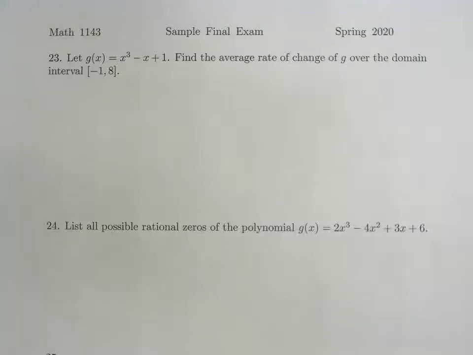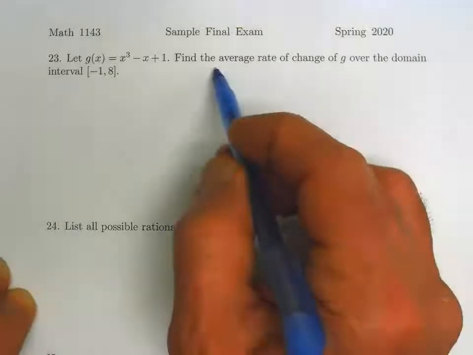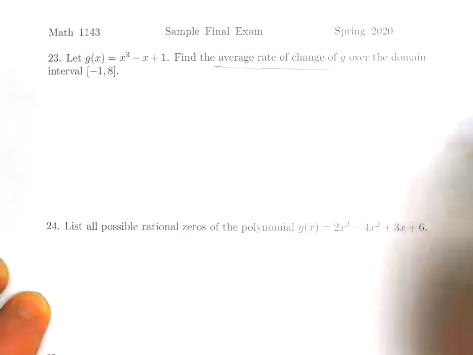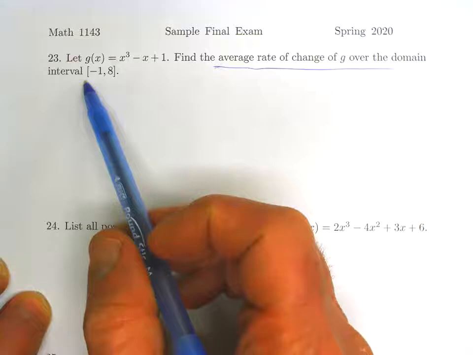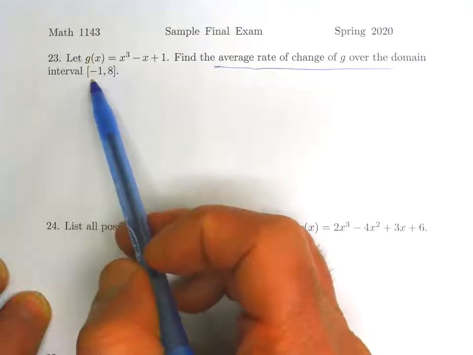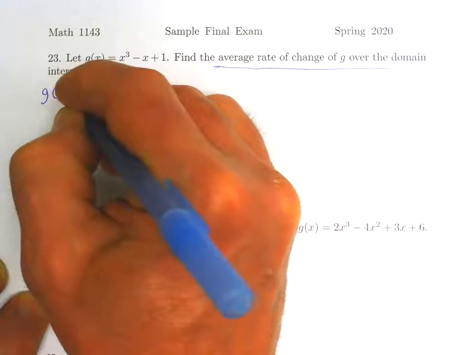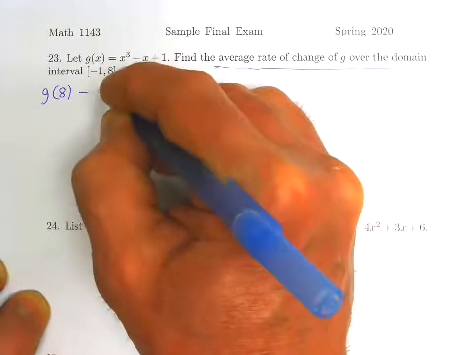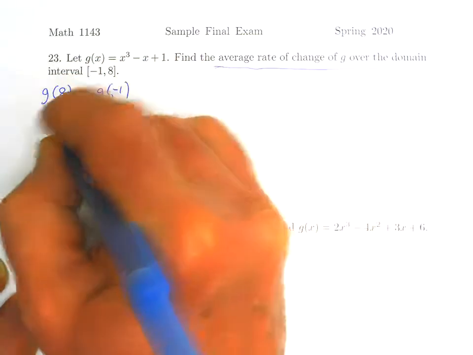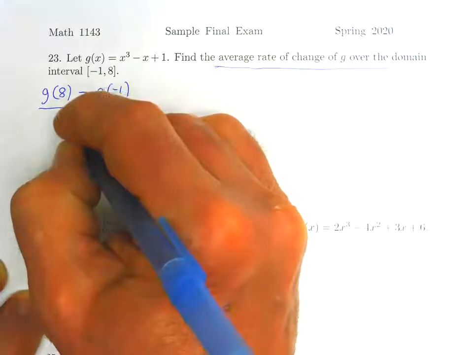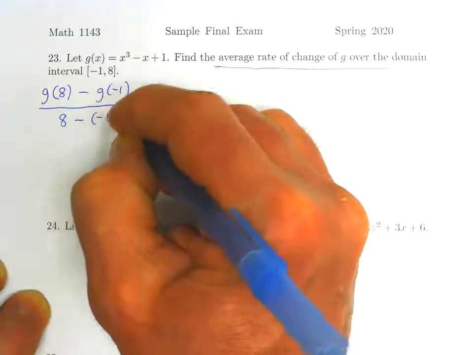Find the average rate of change of g over the domain interval from negative 1 to 8. So this is a definition that you should know, average rate of change. So the average rate of change of g on the interval from negative 1 to 8, notationally it means g of 8 minus g of negative 1 divided by 8 minus negative 1.